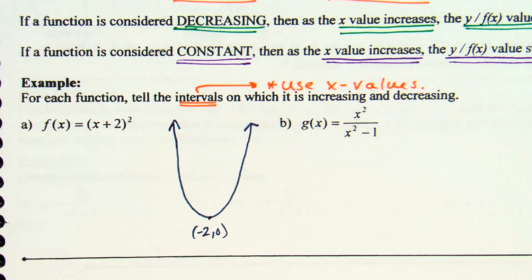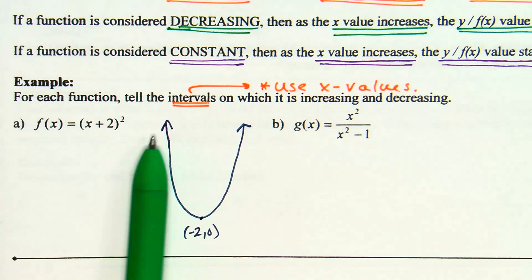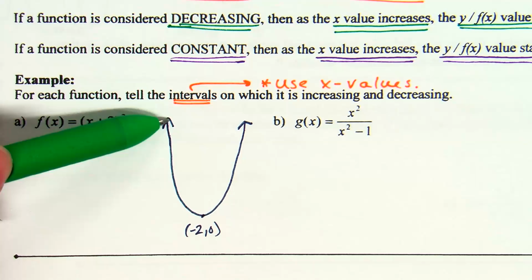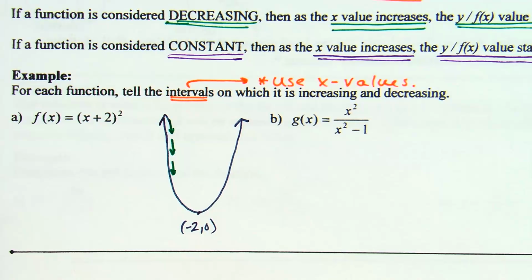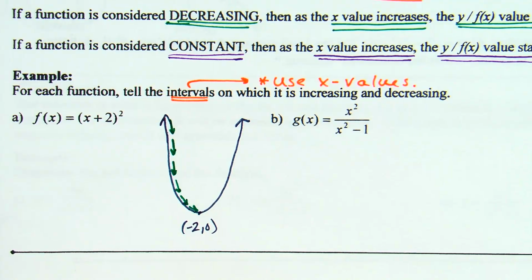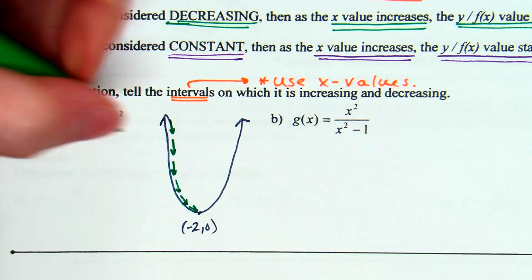And if I start tracing to the right, where's my graph going to go? It's going down, yes? It doesn't matter that this arrow is pointing up. That arrow is just saying, okay, that's where my graph continues. But as I move to the right on this graph, I'm decreasing, right? My y values are going down. So the first thing we have is a decreasing interval.